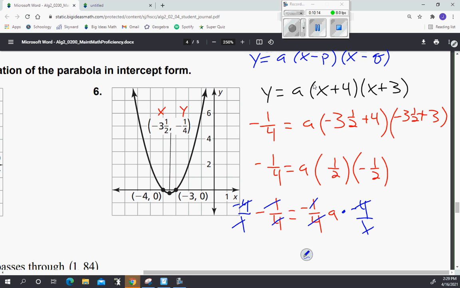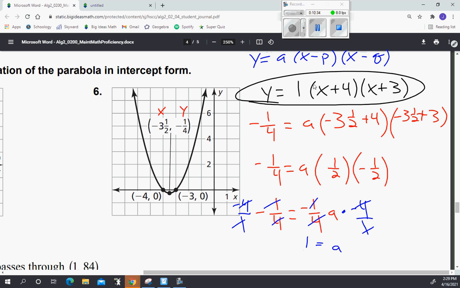A equals 1. So in my equation, I'm just going to get rid of that a and throw a 1 in there. And I really don't even have to write the 1. It's just x plus 4 times x plus 3. Okay, moving on.